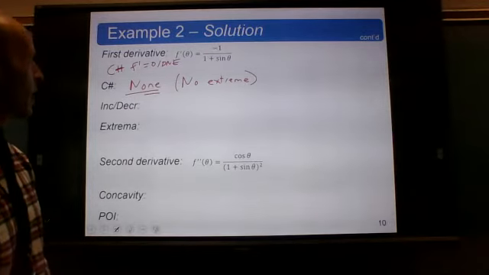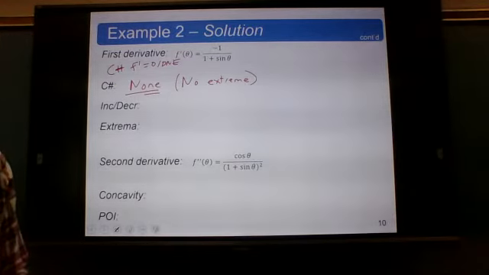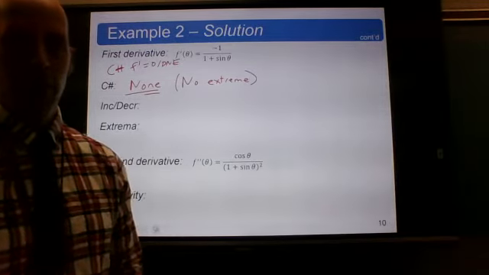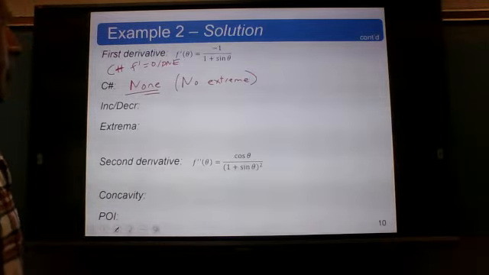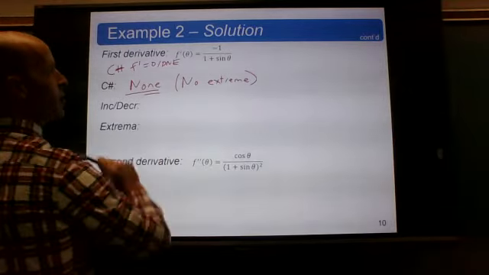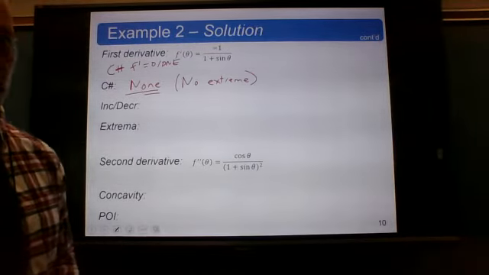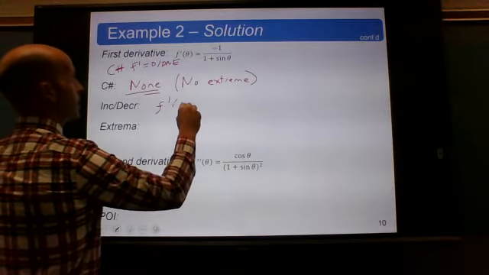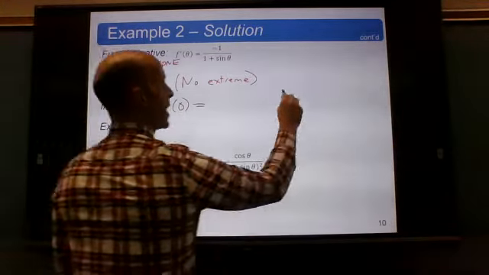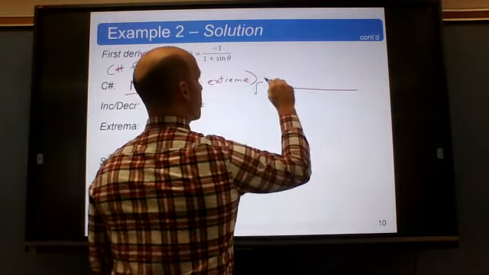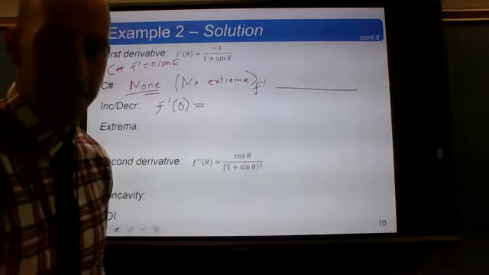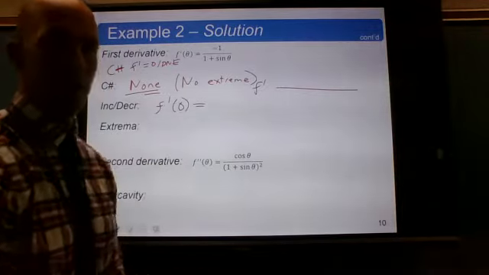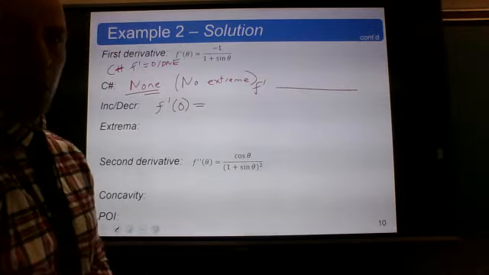Now we want to try to figure out where it is increasing or decreasing. Well, guess what, guys? There are no critical numbers, so basically all you've got to do is plug in any number you want. I'm just going to plug in, let's say, 0, into my f prime graph. The sine of 0 is 0, so I get negative 1 over 1, which is negative.